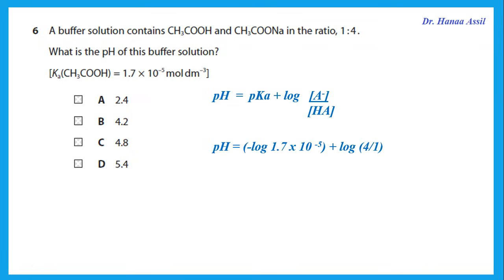So if we're told that the ratio of acid to the sodium salt is 1:4, that means the log would be log of 4/1, and the pKa, remember that pKa is minus log of Ka. So we are given Ka, that means the pH would be minus log of that, plus the log of 4/1.